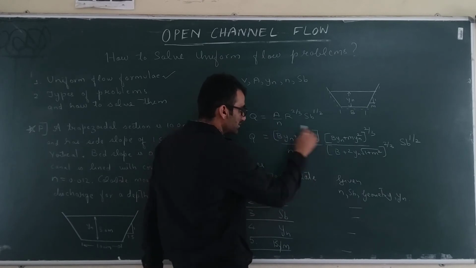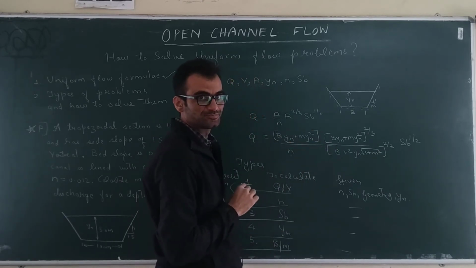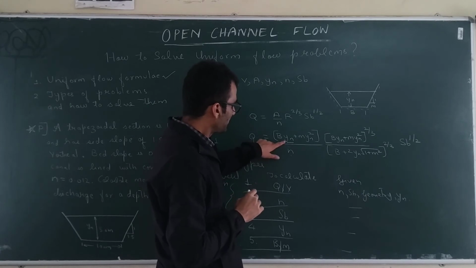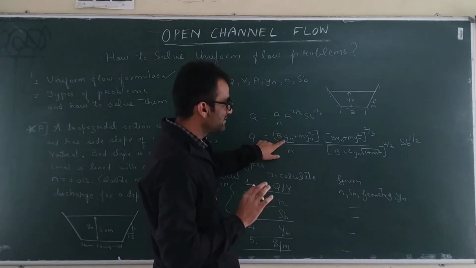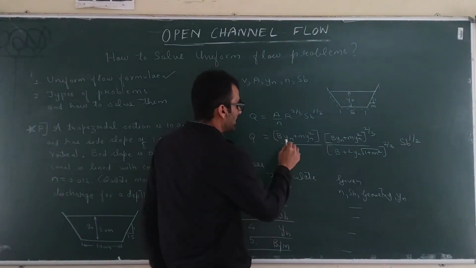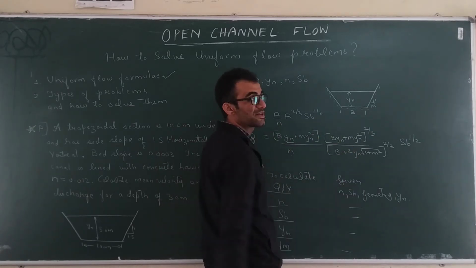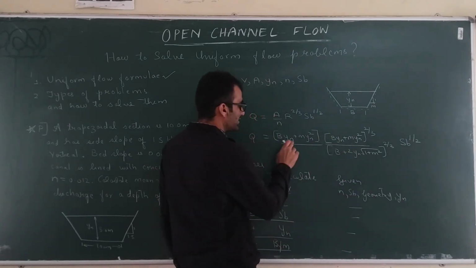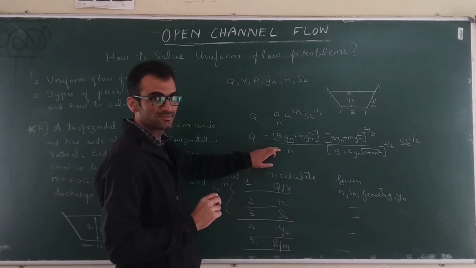Now in this equation, if you want to calculate Yn, it is not simple. Why? Because we cannot separate Yn. Though Yn is the only unknown in this equation and you can get the values, directly you cannot separate out Yn on one side and the rest of the parameters on the other side. So this cannot be expressed explicitly. So direct solution is not available for normal depth calculation.